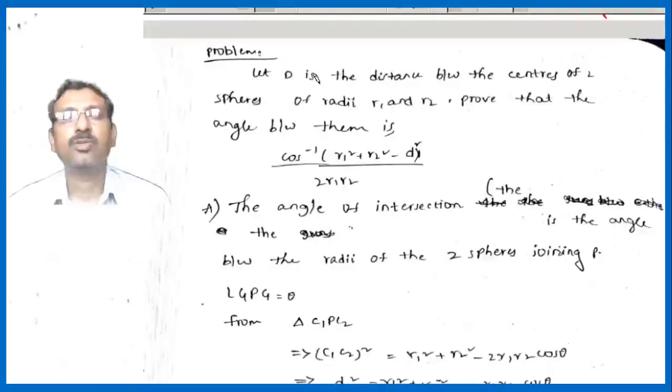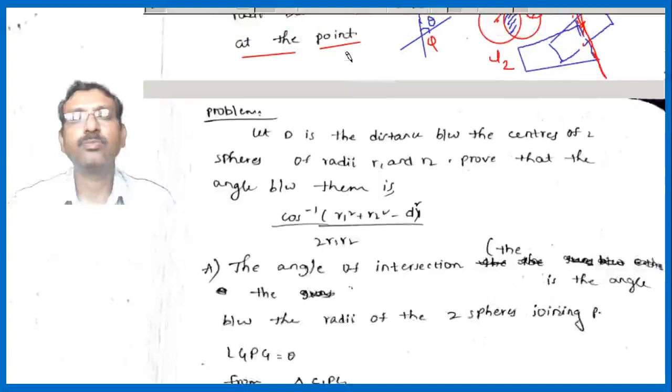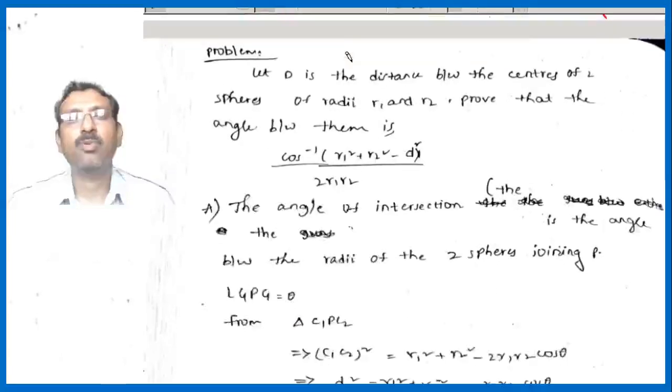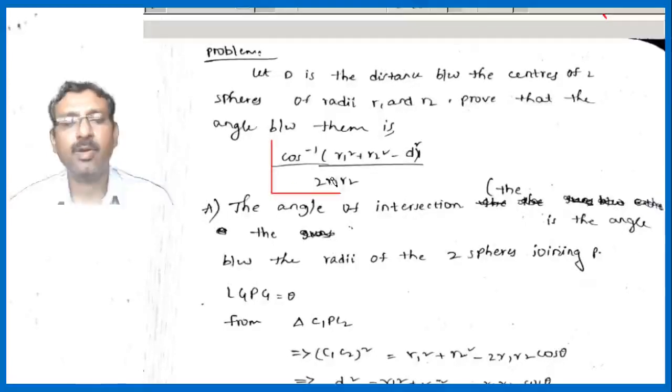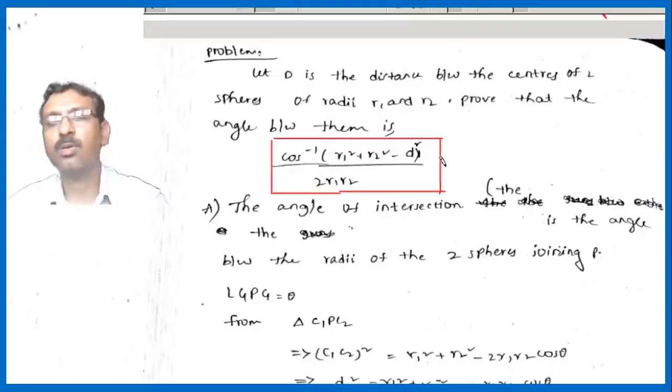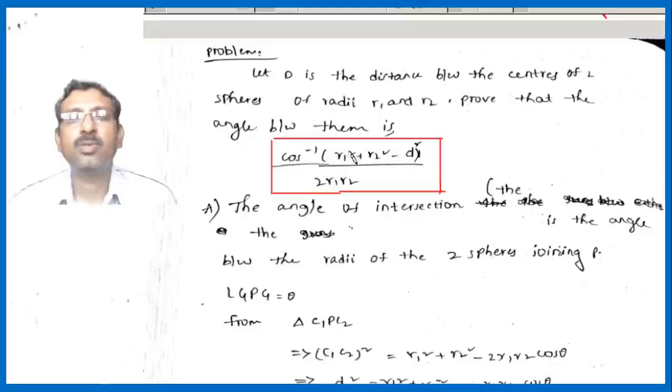So here is the problem. Before going to the problem, here is the formula for calculating the angle between two spheres. Theta equals cos inverse of (R1 square plus R2 square minus d square) by 2 R1 R2, not whole square, this is only d square.